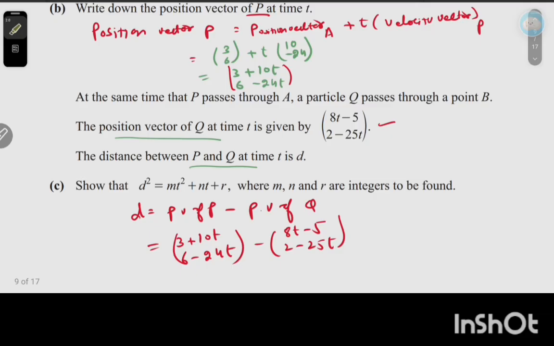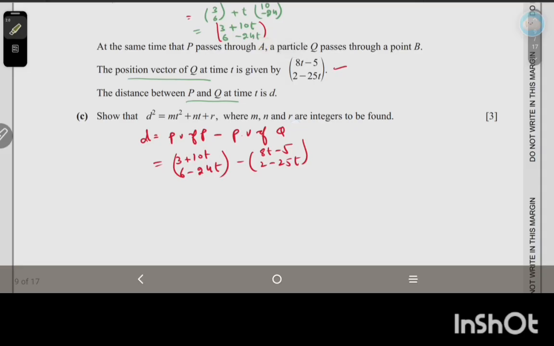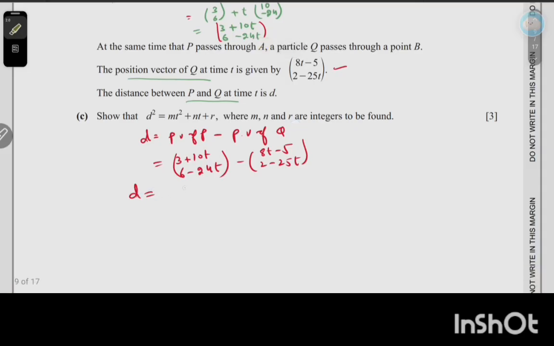Okay, dear friend, how do we solve this one? Now this d will be (3 plus 10t minus 8t plus 5, 6 minus 24t minus 2 plus 25t). This will be 3 plus 5, that is 8, plus 2t, and 6 minus 2 is 4, and here will be 1t.